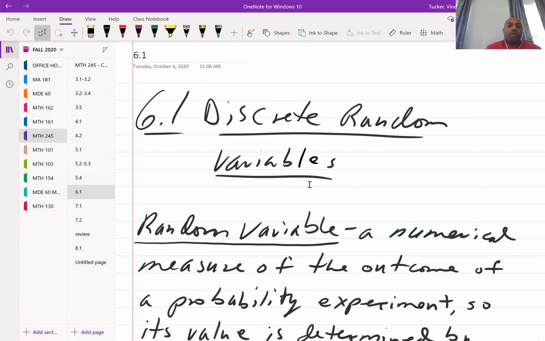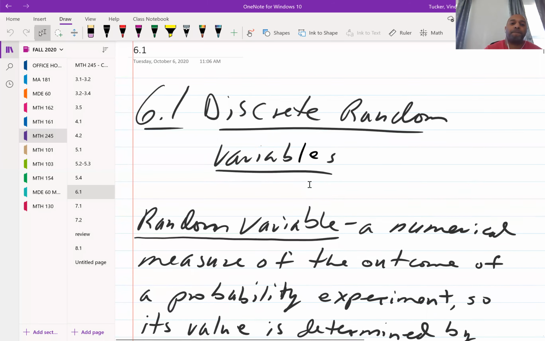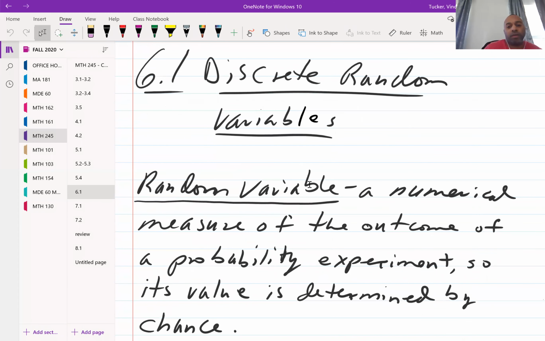All right, so 6.1, discrete random variables. A random variable is a numerical measure of the outcome of a probability experiment, so its value is determined by chance. It's a random variable. Give you guys a chance to write that.